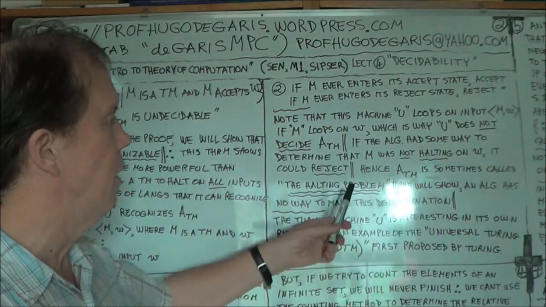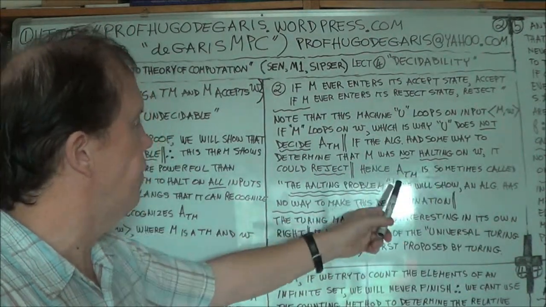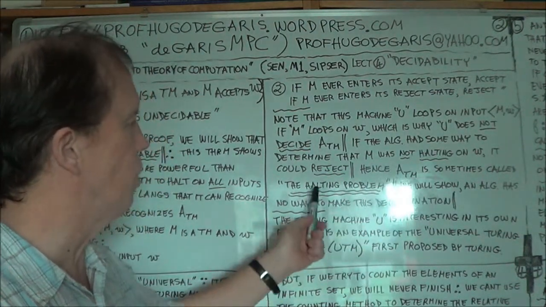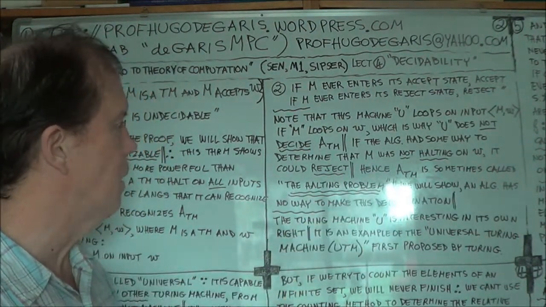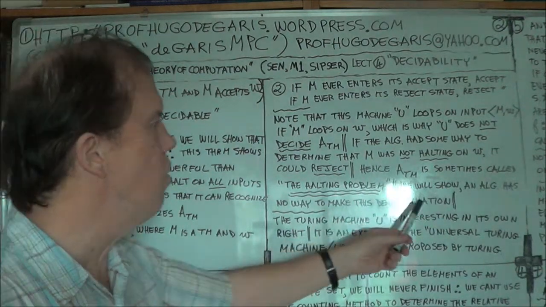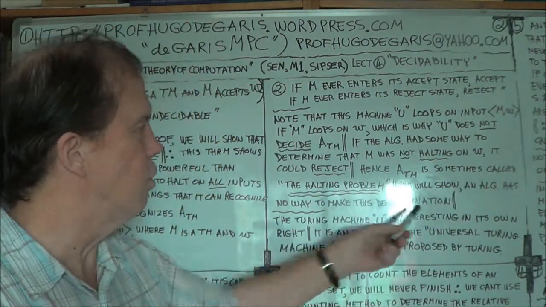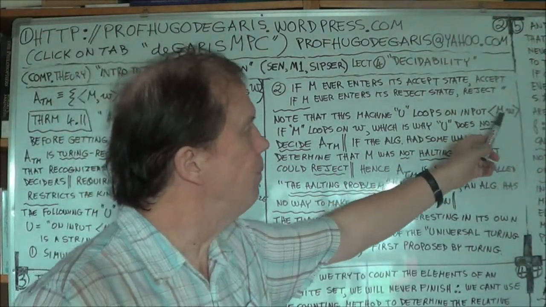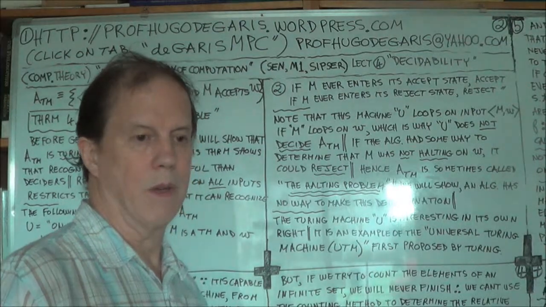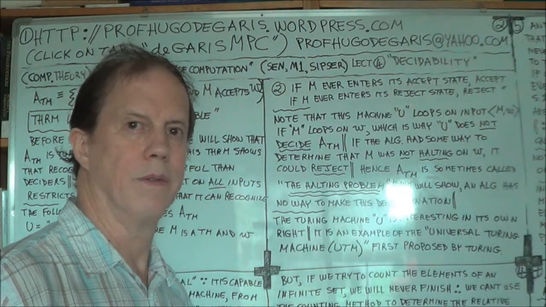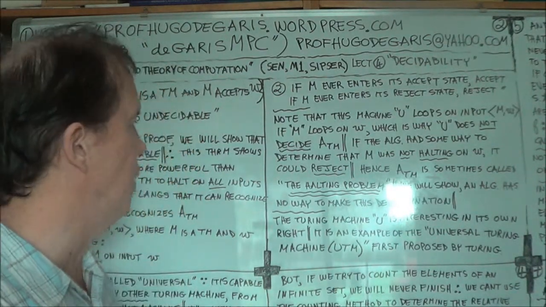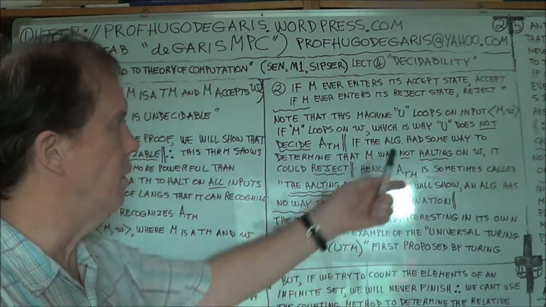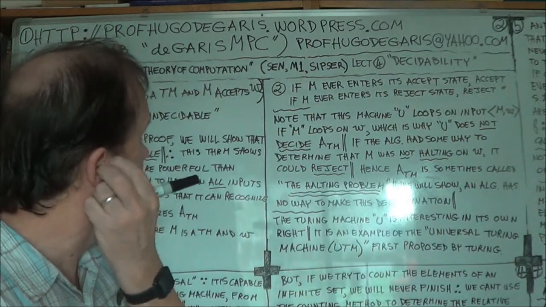And now this language tends to be called the halting problem, because there's just no way that you can determine whether your M is going to loop or not. You just don't know, right? That's what's called the halting problem, because you're in ignorance of what M is going to do.